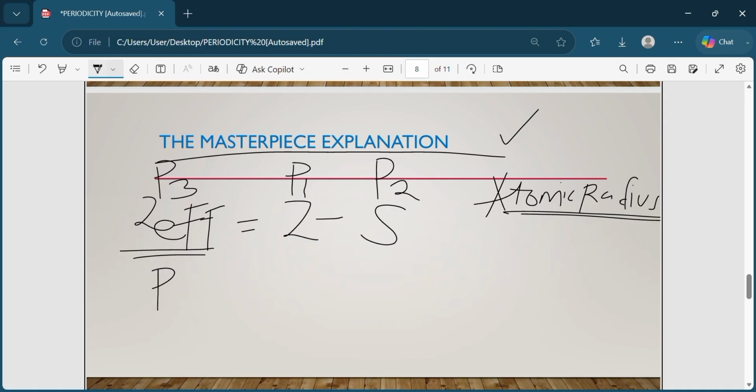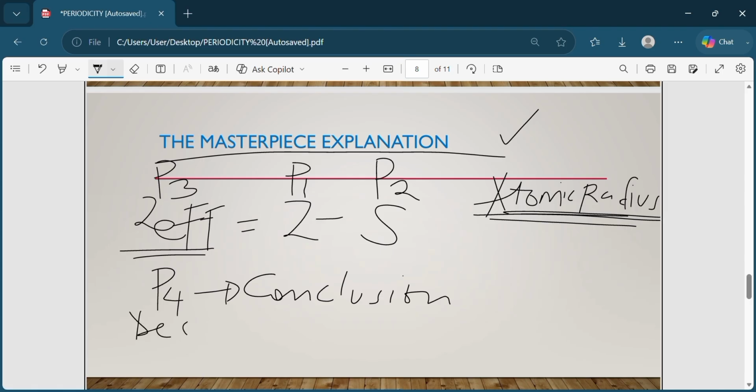And our final paragraph will be a conclusion: what has happened to atomic radius, and finally what has happened to the atomic property that you're looking at. It is so important that you always describe. By describing, you're supposed to tell us what has happened to the atomic property you're looking at. What has happened to atomic radius? Has it increased or decreased?